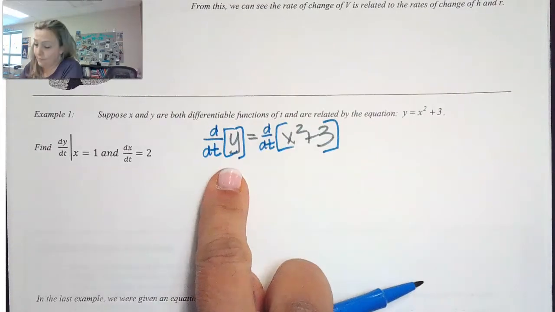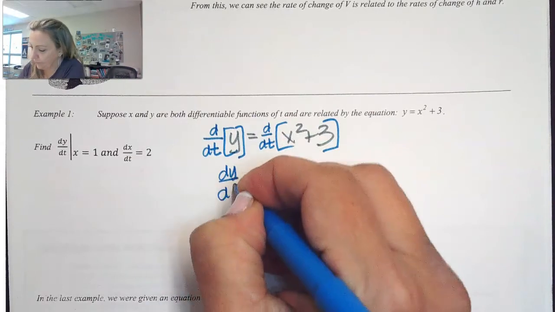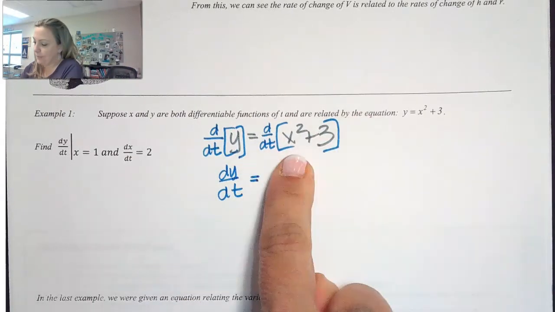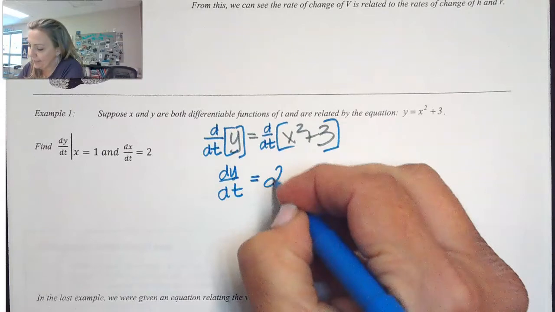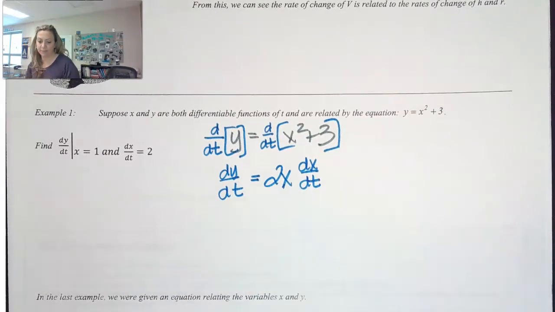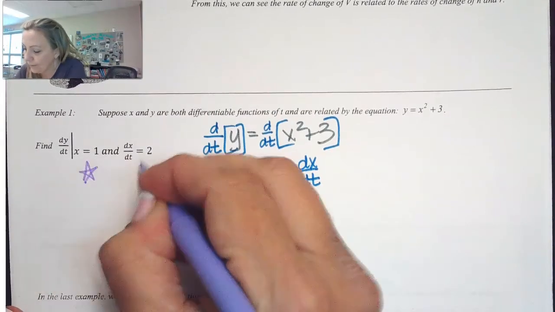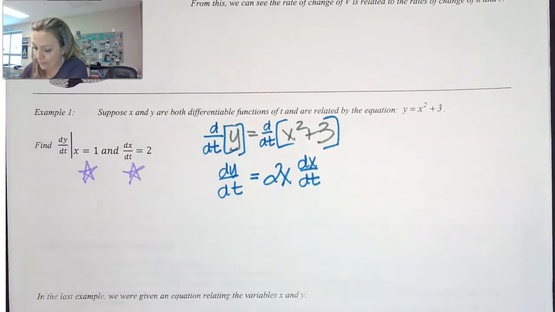So here, this just becomes dy/dt. And then here, this becomes 2x dx/dt, and then the constant's just 0. Okay. Well, remember, it gave us some information. It told us that x equals 1 and that dx/dt was going to be 2.